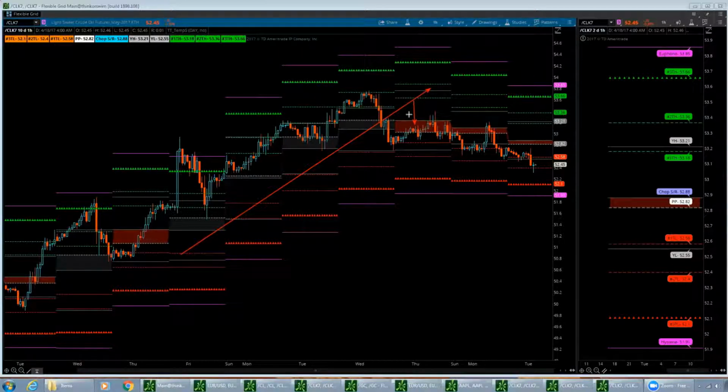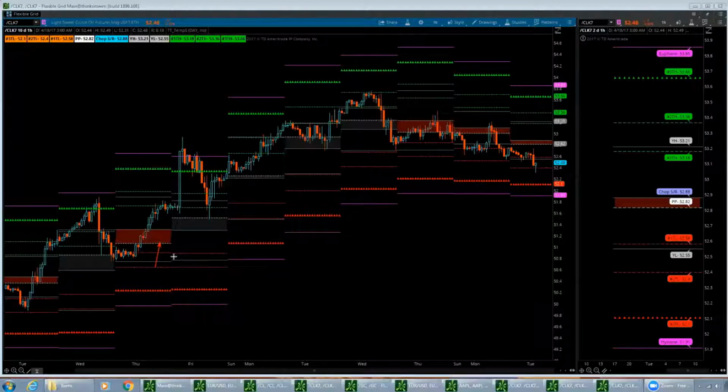Now, this can be a brief pullback before a continuation in the trend direction, or it can be a clue that a reversal or range-bound market is starting to happen. A good example of using momentum and understanding the thickness of the cloud occurs in this section right here, which began a 4-day uptrend.